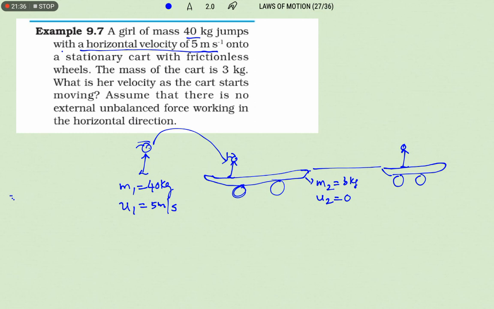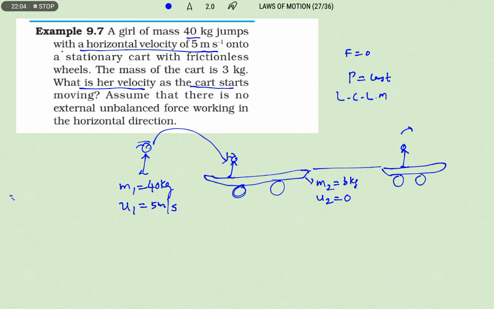They are asking what is the velocity of the girl as the cart starts moving. So together they are moving. So simply we can consider that there is no external force acting on it. When there is no external force acting on it, momentum is constant. This is an application of the law of conservation of linear momentum.